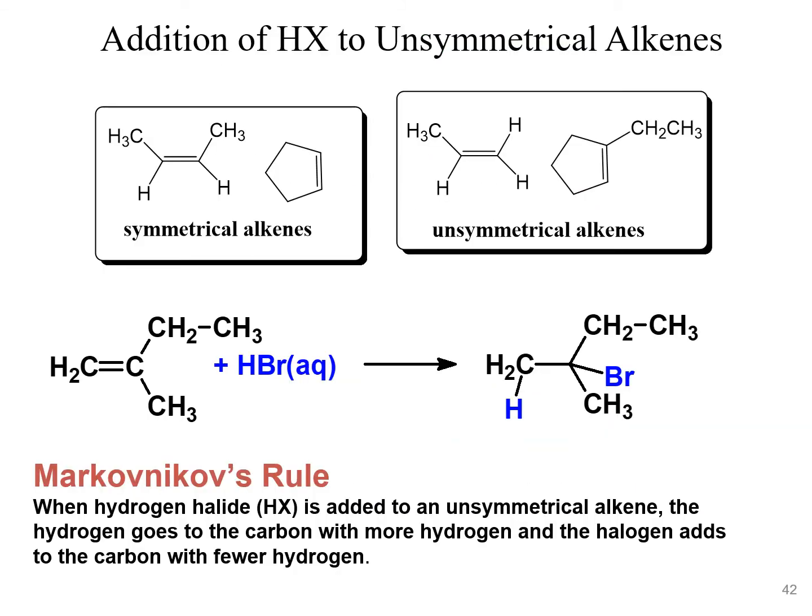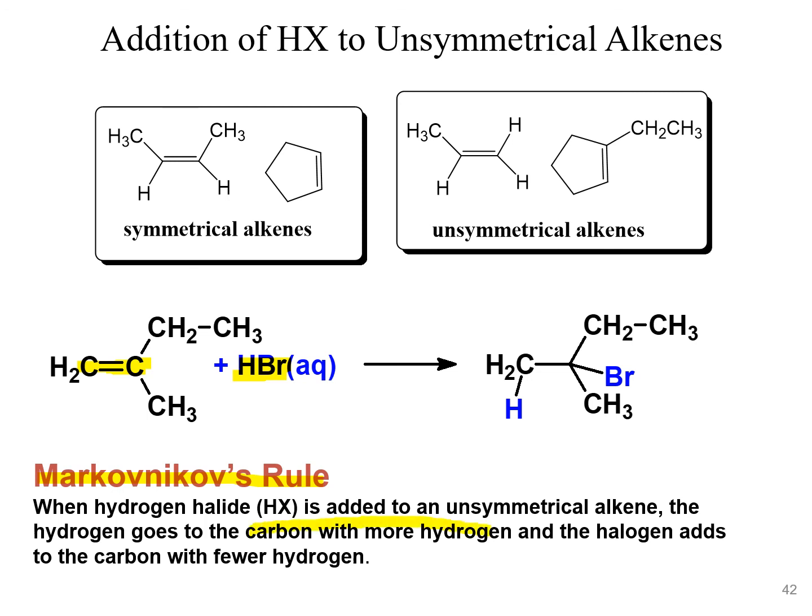Looking at this example will help us understand a little better. This is an unsymmetrical alkene to which the hydrogen halide has to be added. In this case, it is HBr. The double bond will break as usual. One carbon is going to take hydrogen, and one carbon is going to take bromine. Markovnikov's rule states that the hydrogen will go to the carbon with more hydrogens.